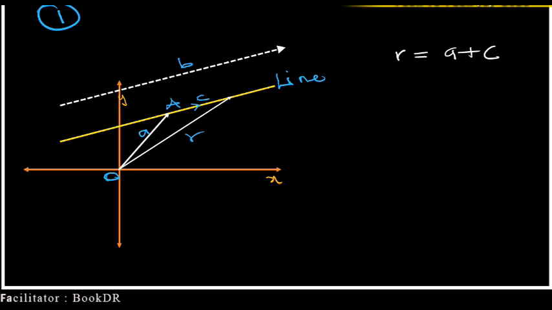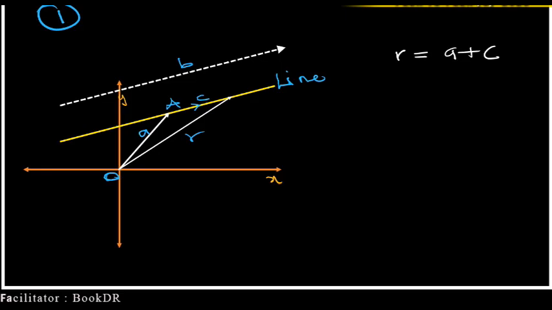And since the yellow line is parallel to the vector B, we can conclude that vector C is also parallel to B. You can recall from previous lessons on vectors that two vectors are said to be parallel when one is a scalar multiple of the other.